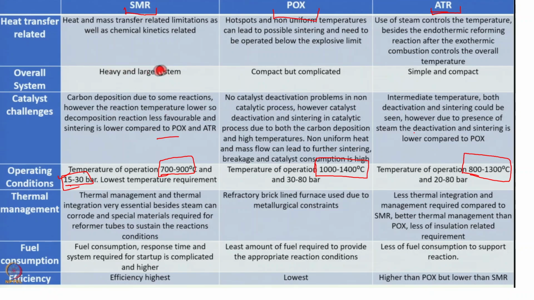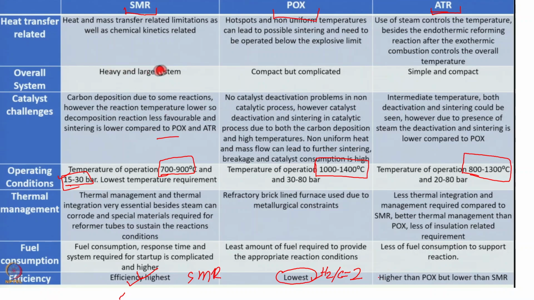Efficiency is important. What is the efficiency? The SMR has the highest efficiency, and this one has the lowest efficiency because the hydrogen to carbon monoxide ratio is only 2. That's why it is the lowest efficiency.